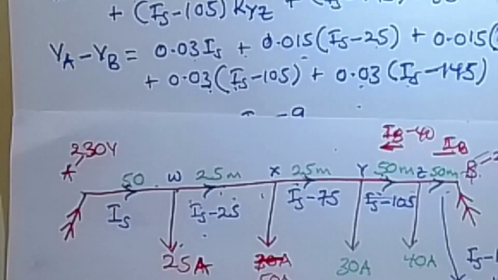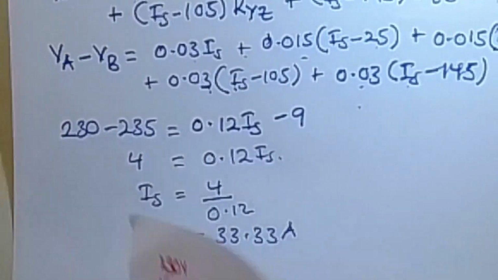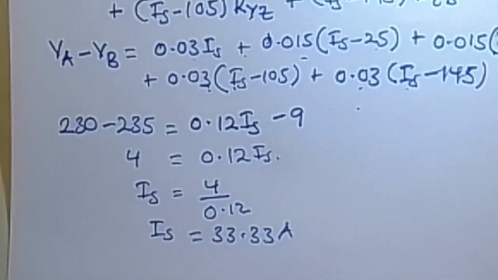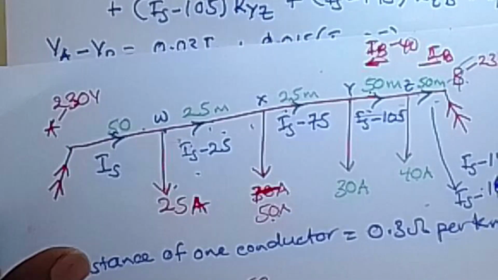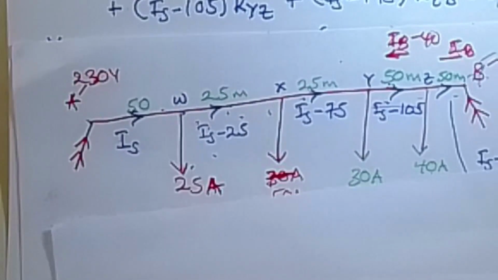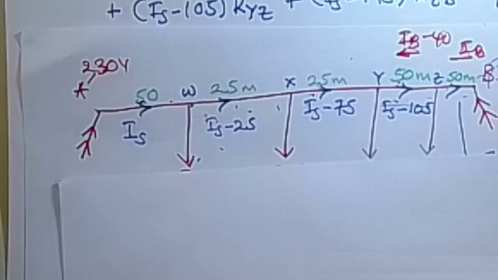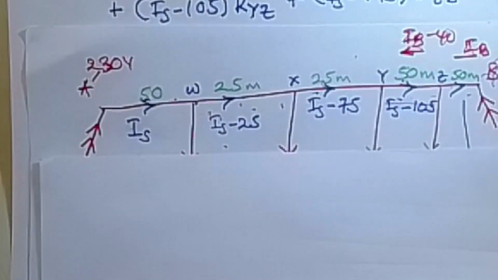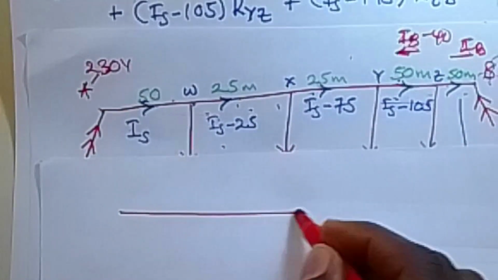Allow me to draw something neater so that we can follow. So from this diagram that we had earlier drawn, let me draw something neater so that we can see clearly.